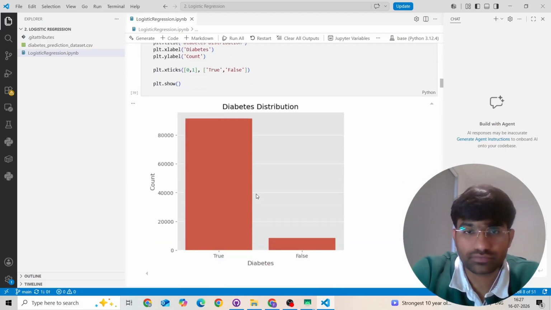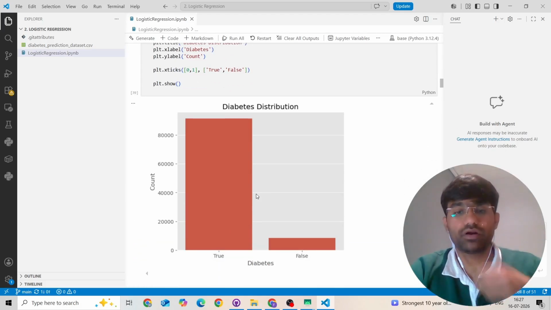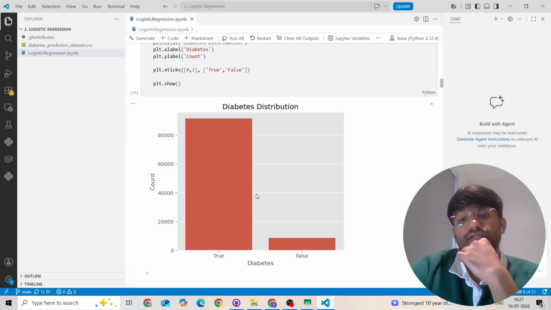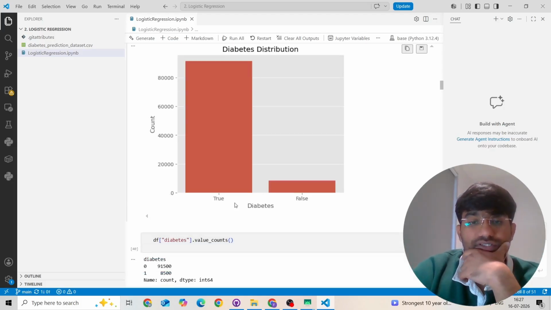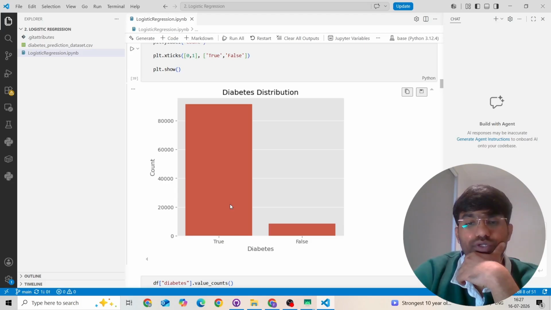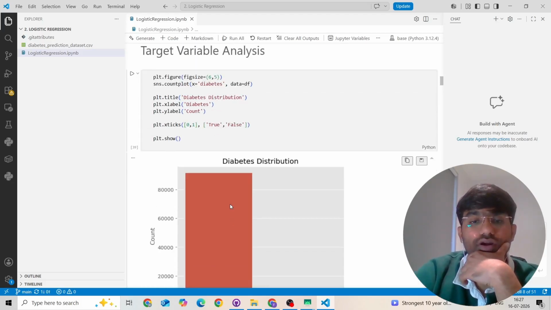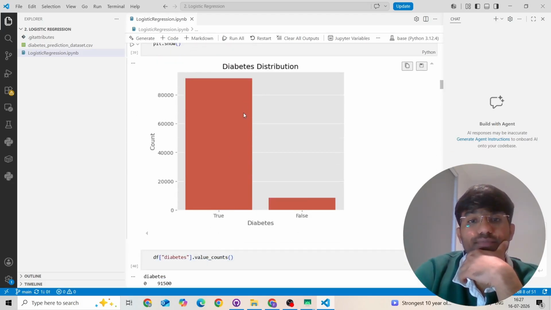Now I have plotted the distribution plot to check the target variable. If you see, diabetes 0, the non-diabetic data, is more, and the diabetic data is less from the plot.